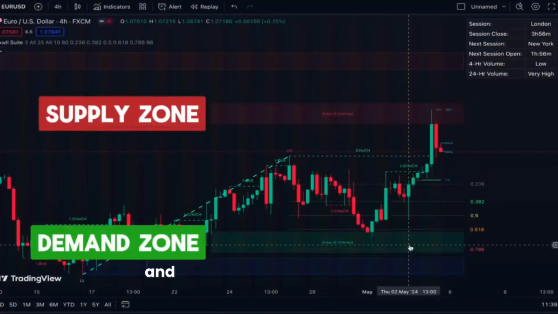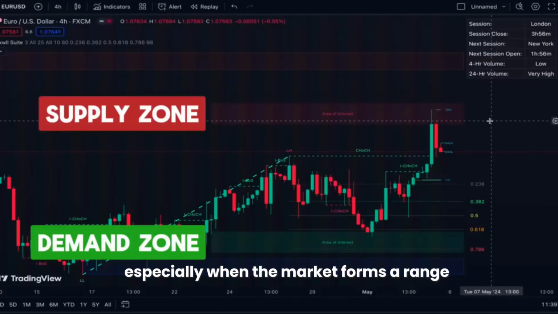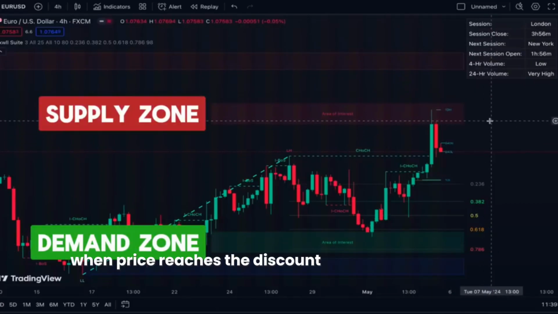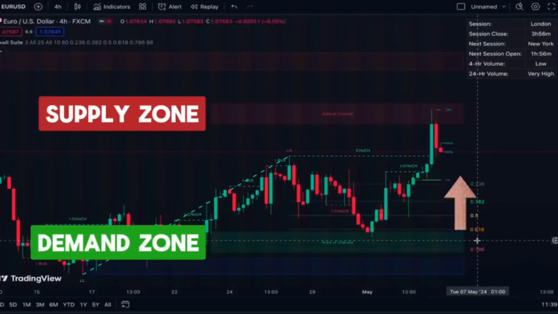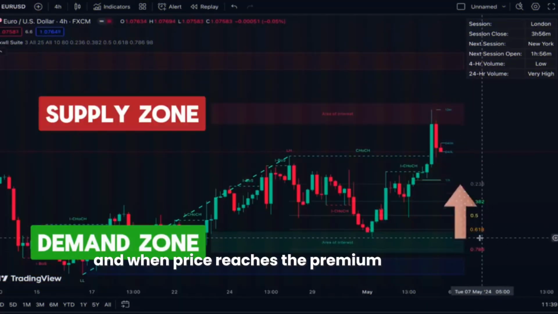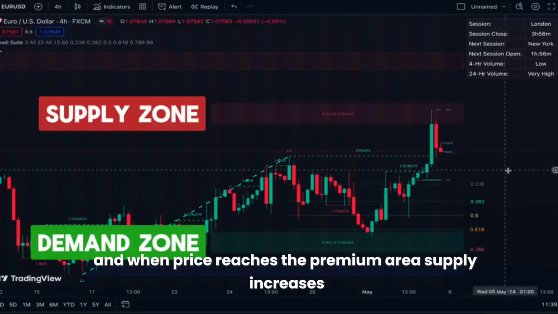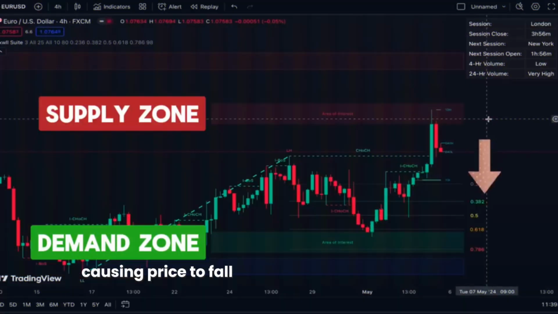These work similarly to supply and demand zones, and they often provide strong setups, especially when the market forms a range. When price reaches the discount area, demand typically increases, pushing price upward. And when price reaches the premium area, supply increases, causing price to fall.